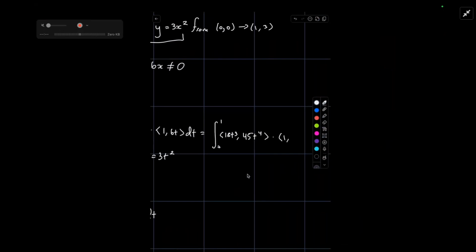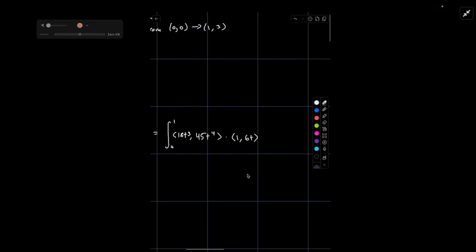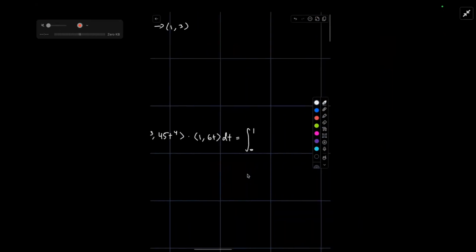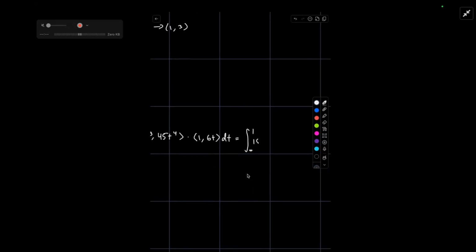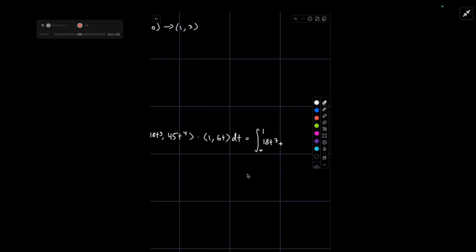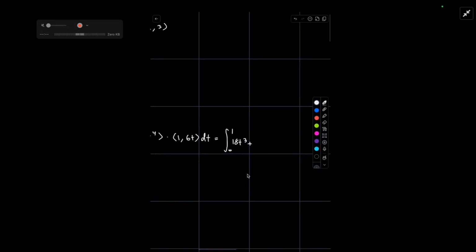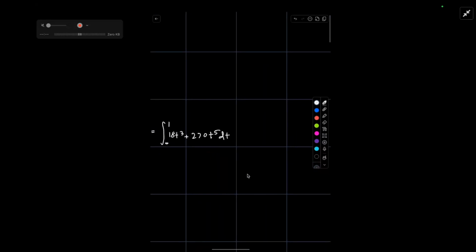Dot (1, 6t) dt, and then we can dot it. I'm sorry about my handwriting. But 18t cubed plus 45t to the 4th times 6t, that's 270t to the 5th, dt. And then this is a pretty simple integral.